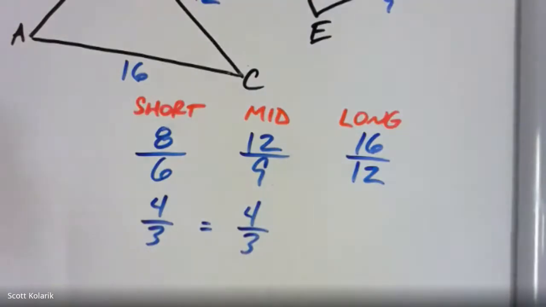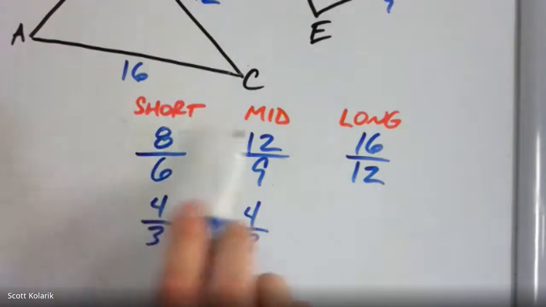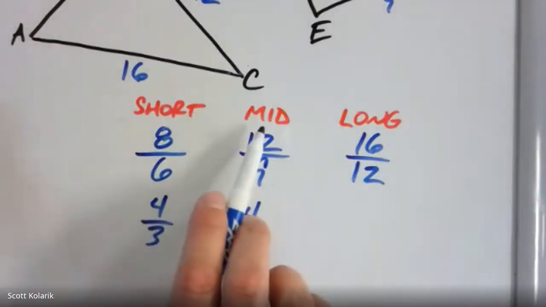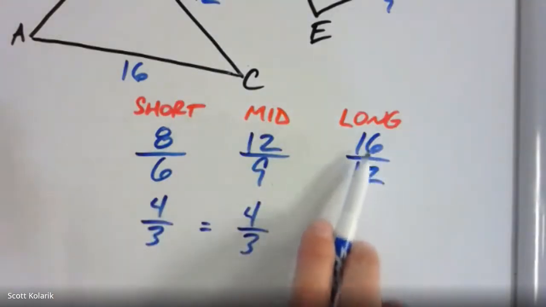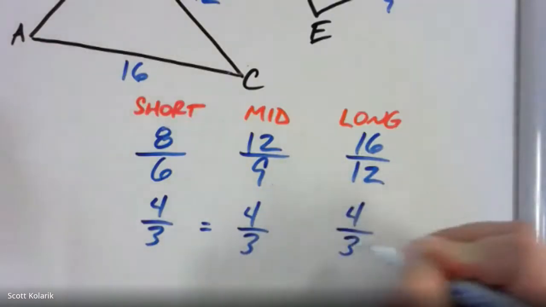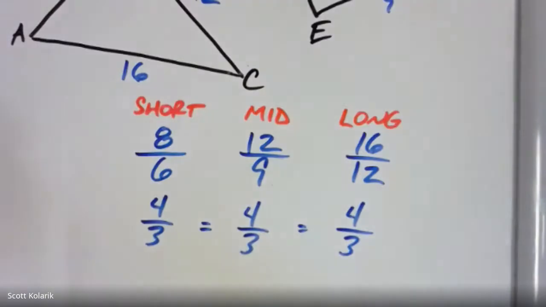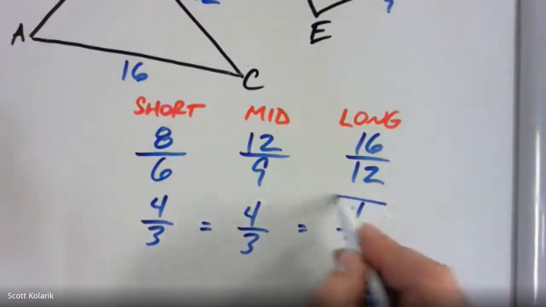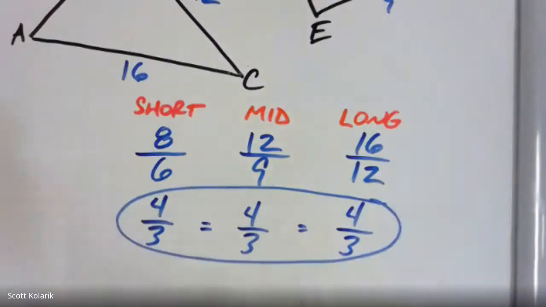And that's important, that these two are equal to each other. That simply means that the same scale factor is applied with my short sides as with my middle length sides. And just finishing this out, my long ones, 4 goes into top and bottom. It does in fact reduce to 4/3. I get three consistent, constant scale factors k. So my scale factors here being all equal, what does this actually mean?